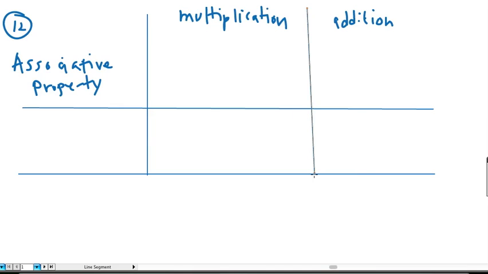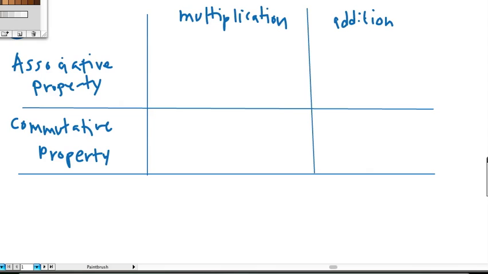And not only is there an associative property of multiplication, but there is also a commutative property of multiplication and a commutative property of addition. These properties only work for multiplication and addition.